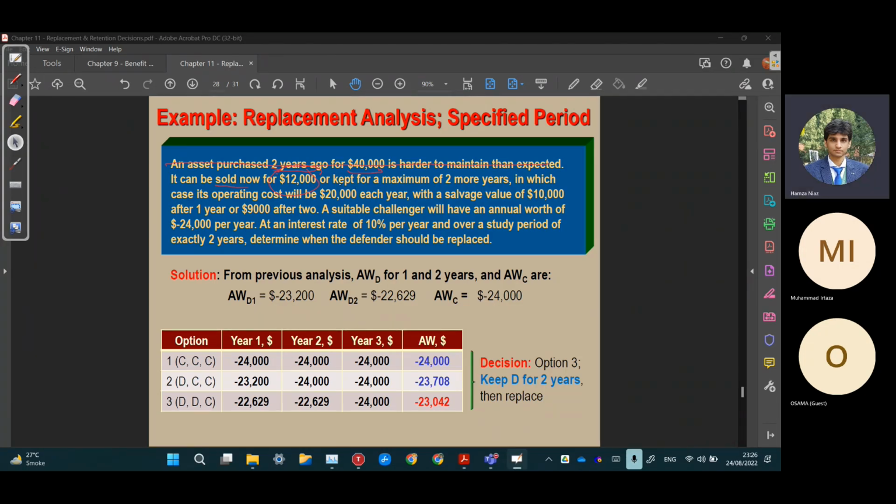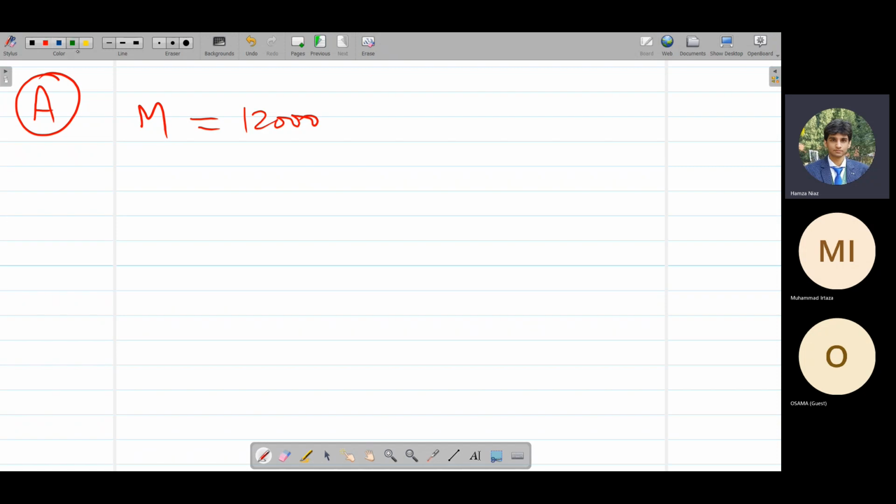And if we keep on reading, it can be kept for a minimum of 2 more years, so we can retain this asset for 2 more years. Its operating cost will be 20,000 each year with salvage value of 10,000 and 9,000 after two. So actually they are saying that this asset is currently 12,000, and we can retain it only for 2 years, year one and year two.